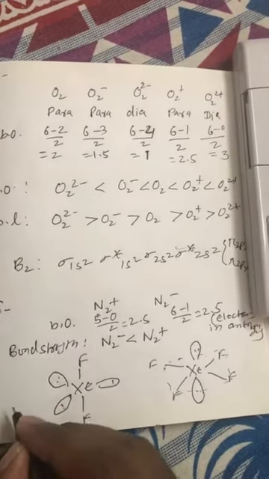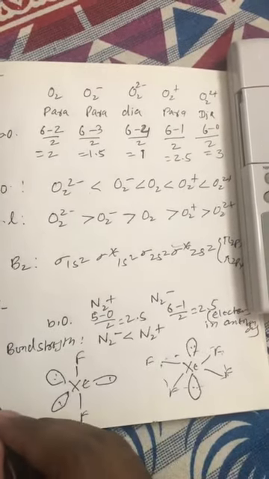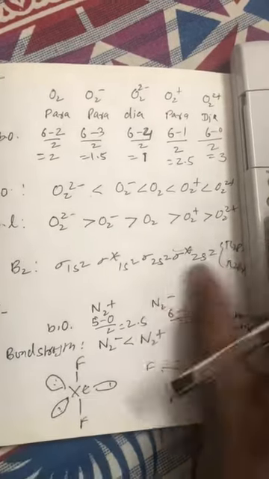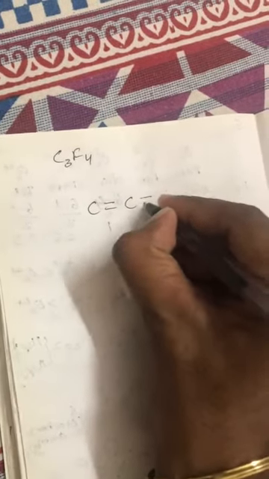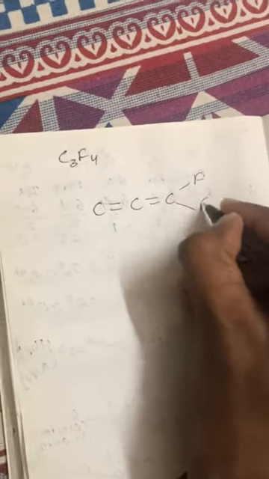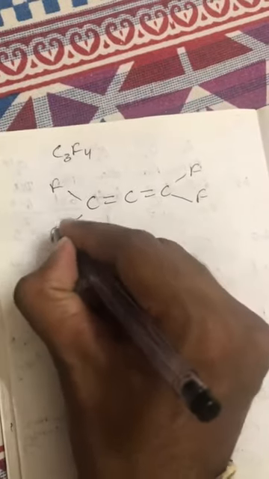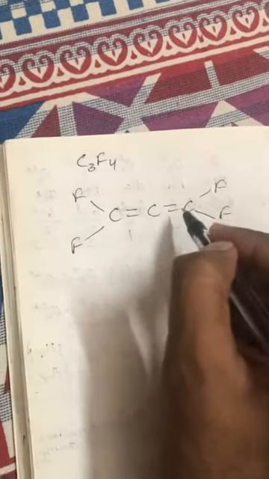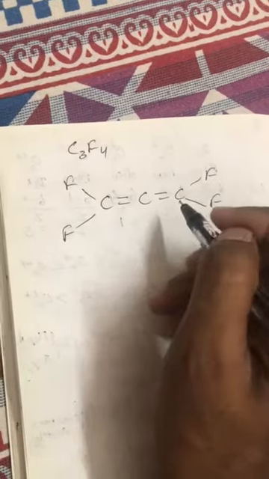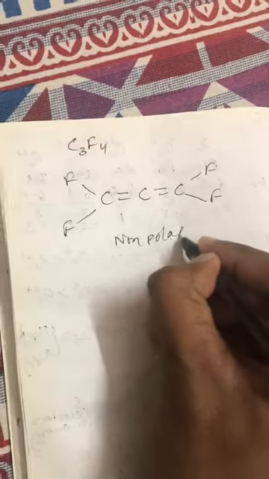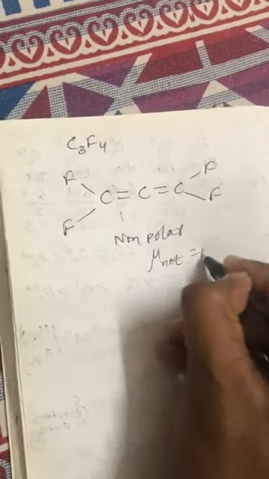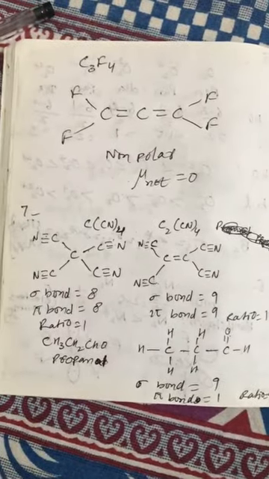Now C3F4 will be non-polar because of its symmetric structure. Here the dipole moment will be cancelled out, therefore it is non-polar. Mu net is 0. Question number 7.